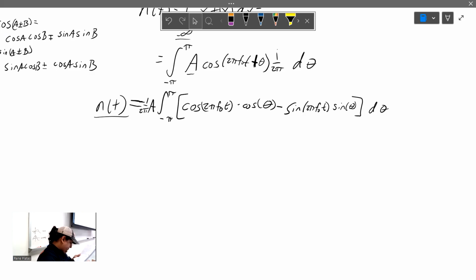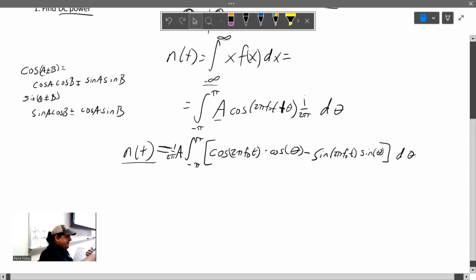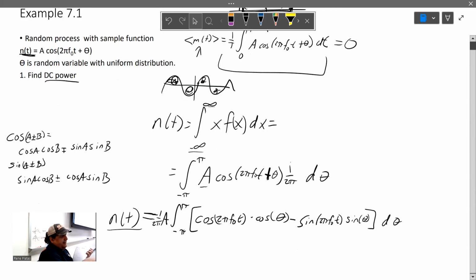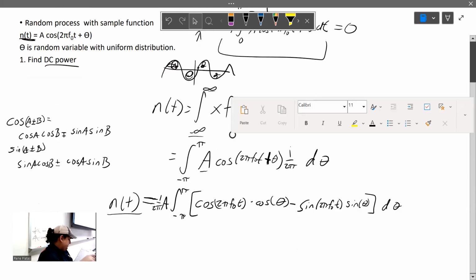This is the total power formula. This is for NT, but I don't know what NT is. NT is just this given right here. And then we applied this formula.